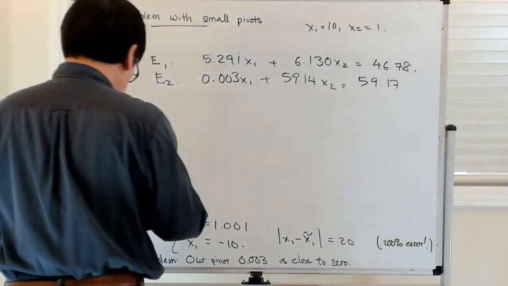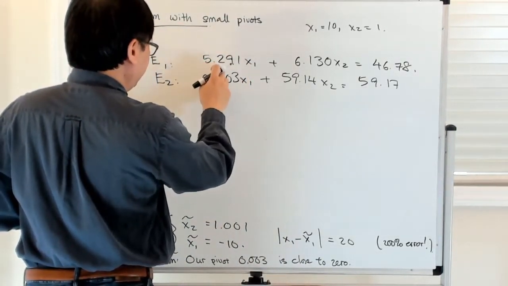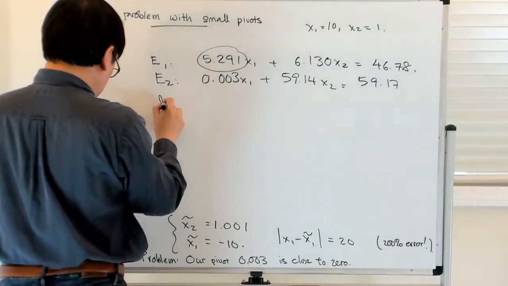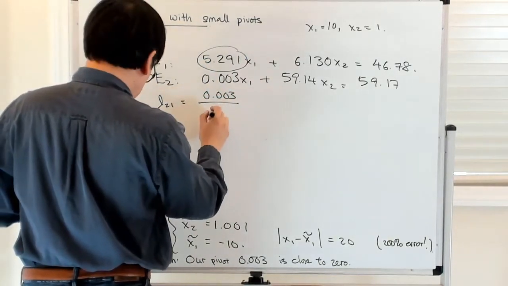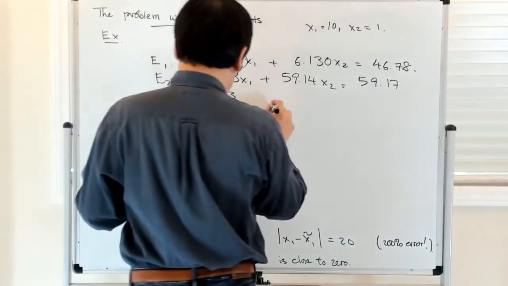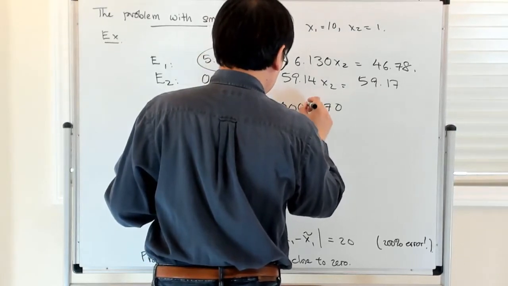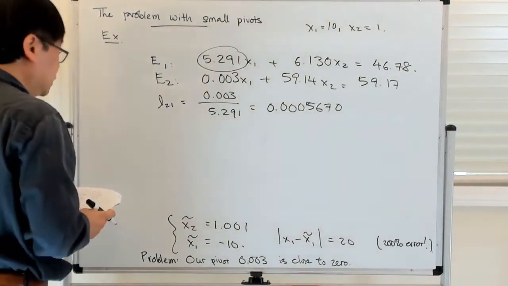Now the pivot is this much bigger number, 5.291. So L21 is equal to 0.003 divided by 5.291, which is 0.0005670. Again, as before, I'm only storing the first 4 digits.